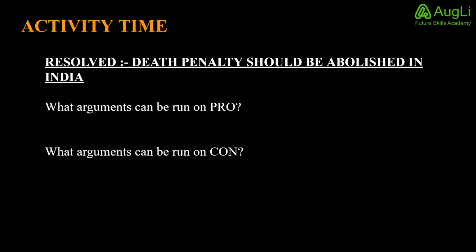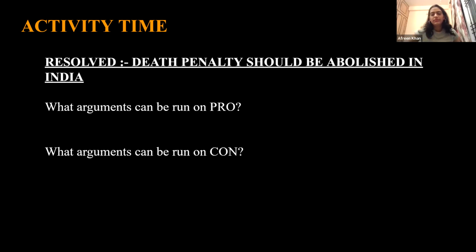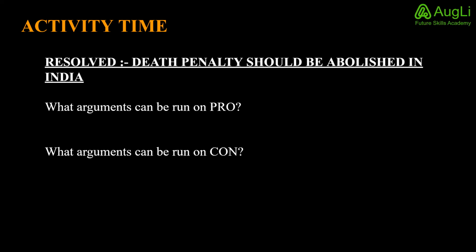Ma'am, may I present an argument against this? Yes, go ahead, Gurveer. Yeah, so in the Jan Kaur case in the Supreme Court in 1996, it was held that Article 21 does not include the right to die. It includes the right to life.